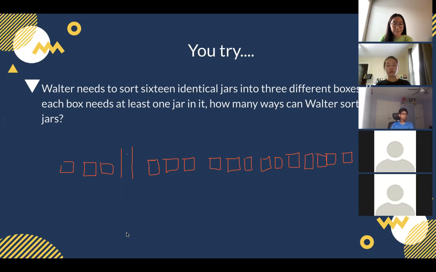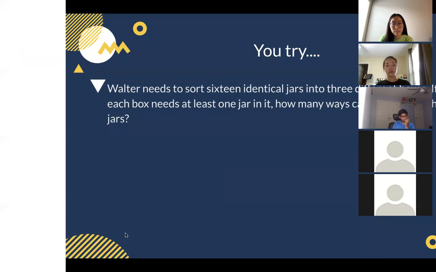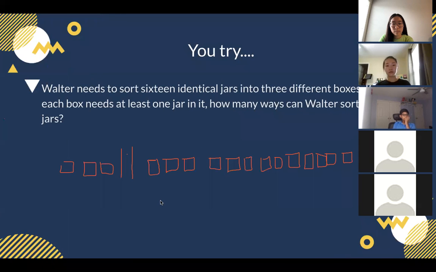Okay, that's 16. The way that I think about it is that there needs to be at least 1 jar in each box, right? So I think about how we can place the 2 sticks that make the 3 groups. I think about how we can place them in between the jars. So there's 15 total spots in between the jars that you can place the sticks.